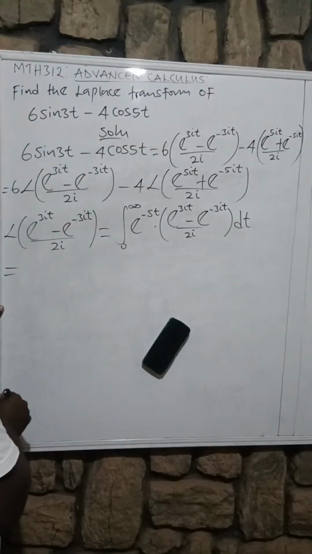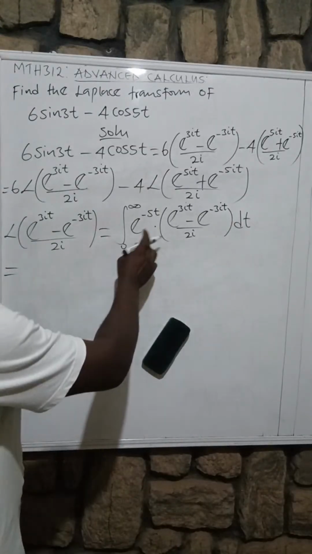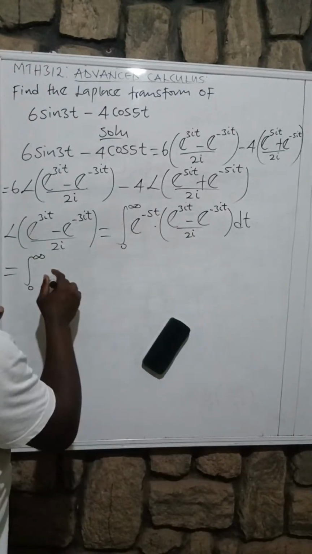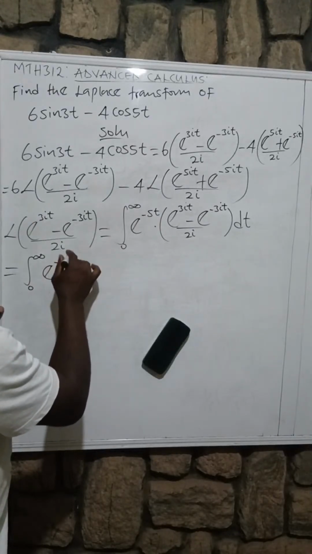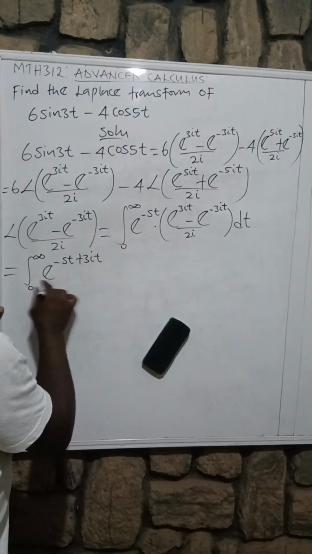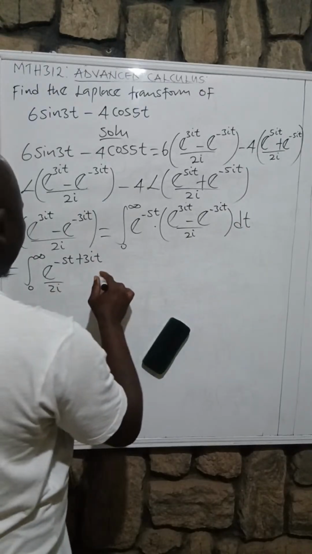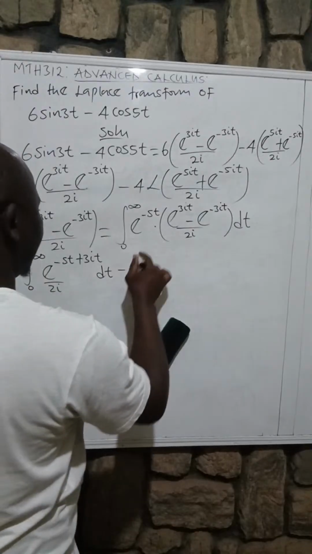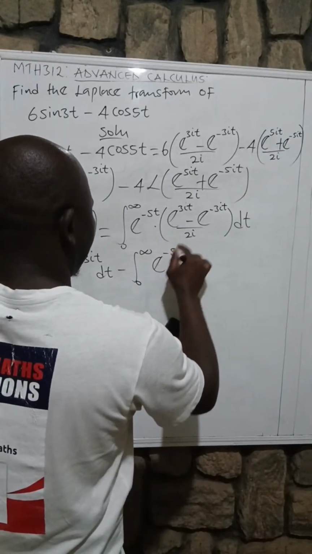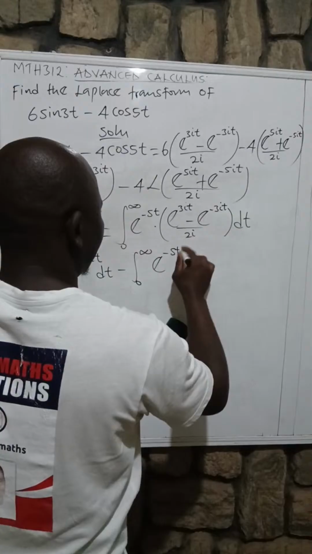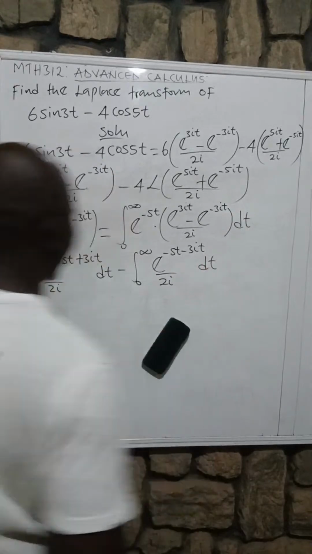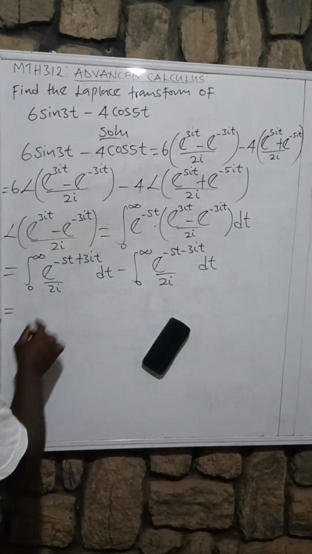So this will give us, taking one after the other, the integral from 0 to infinity of exponential minus st plus 3it all over 2i dt, minus the integral from 0 to infinity of exponential minus st plus times minus 3it all over 2i dt. True or false?